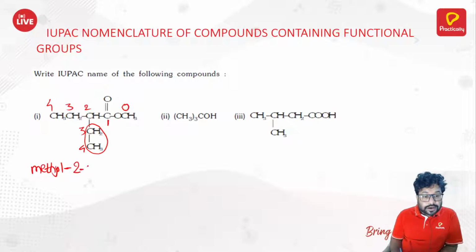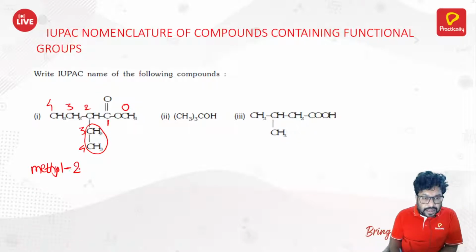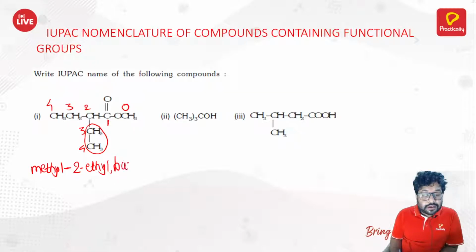Then what do you write? 2-methyl, sorry, not methyl, this is 2-ethyl, no? So methyl 2-ethyl, and what? Butanoate. This is the butanoate.